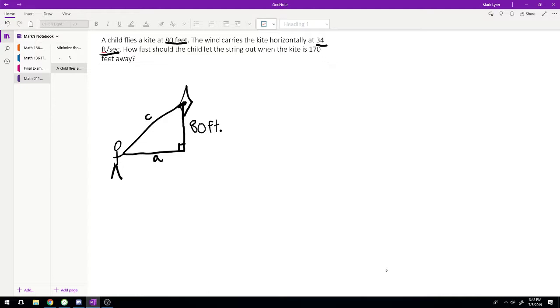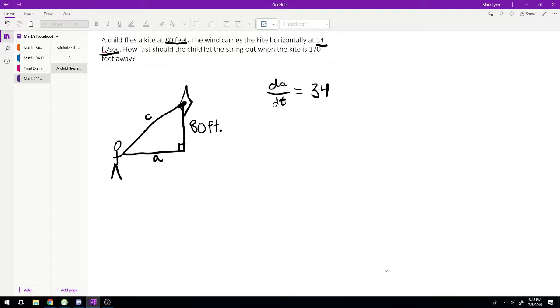We know A is our horizontal value, and since it's changing, its derivative, dA/dt, the change in A over time, is equal to 34. Sometimes you'll get something like the distance is decreasing at 34 feet per second, in which case we can put a negative in front.